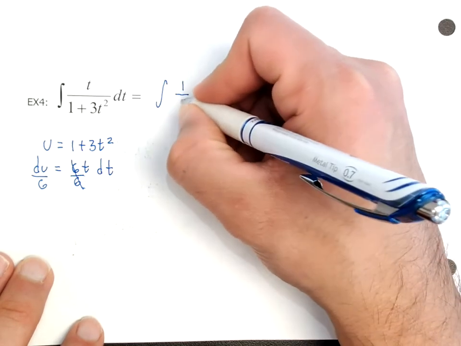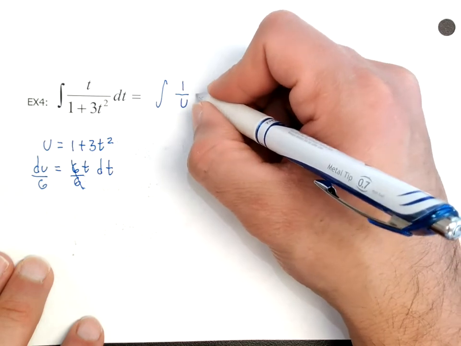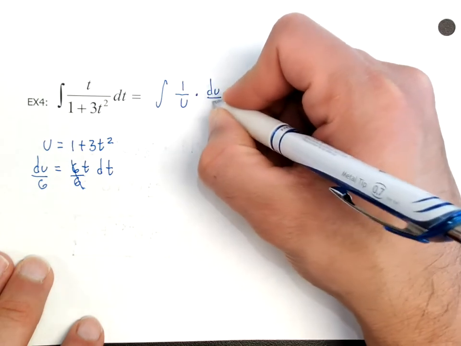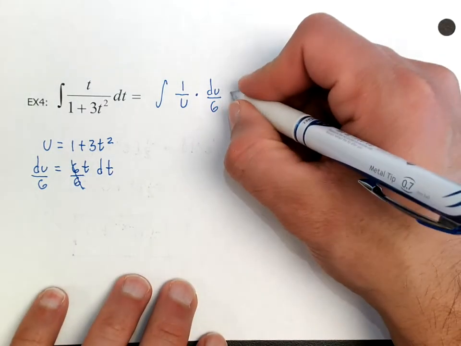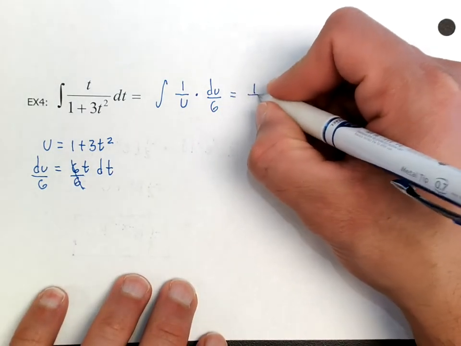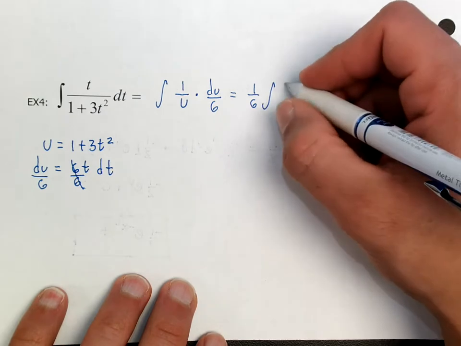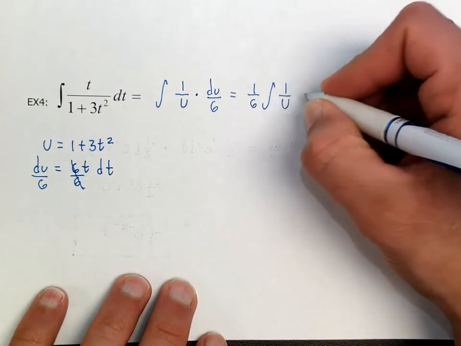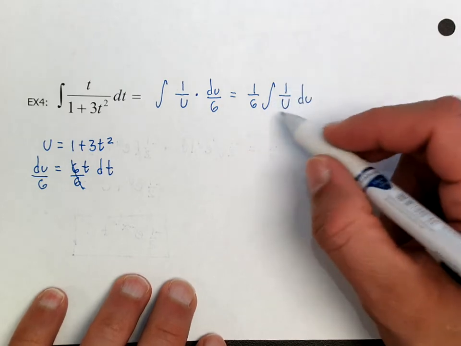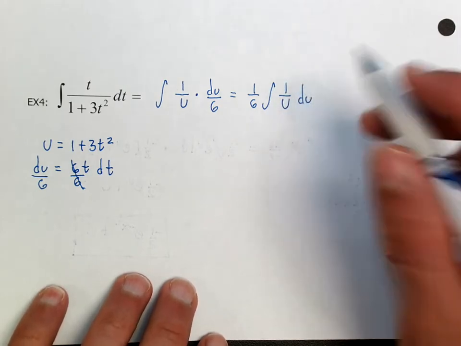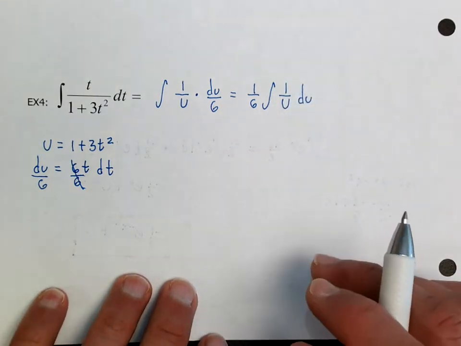So this right here is going to be equal to 1 over u times du over 6. Okay? Which I can then rewrite like this. Please notice that if you were to rewrite this as a negative exponent, that would not work out because when you add 1, that would give you u to the 0.